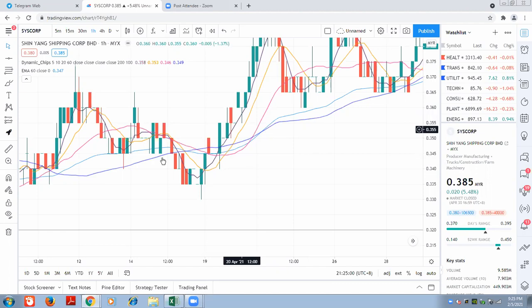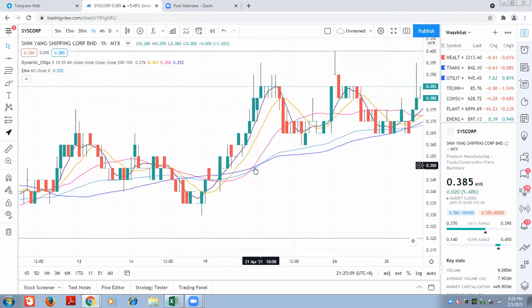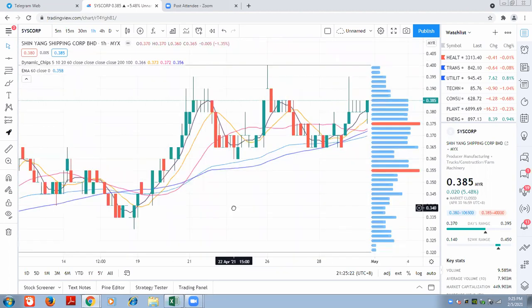The position of the EMA and the SMA is different. But we cannot take the intercept of the EMA and SMA as a signal.